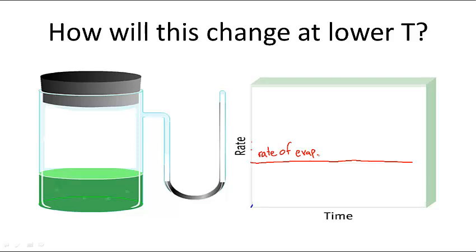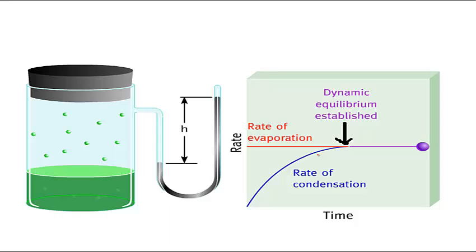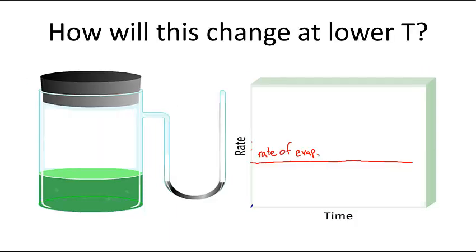Eduardo, what's another change that your group came up with? Rate of condensation would... All right, so dynamic equilibrium you think would get established more quickly? So it would start further to the left? I'm not sure if that would happen in terms of time. I'd have to actually think about that one.